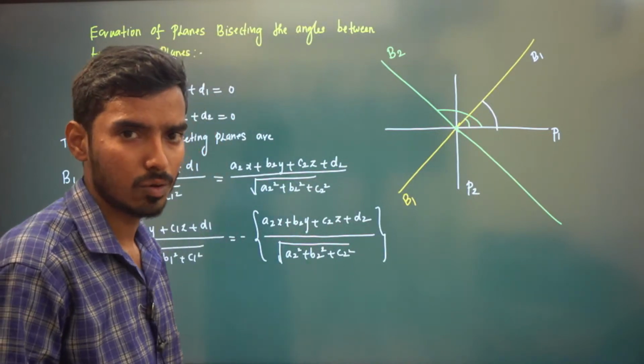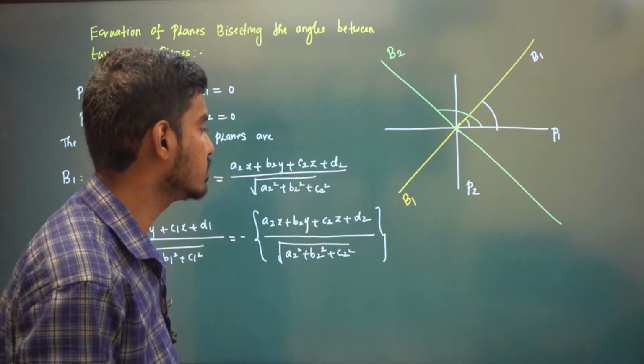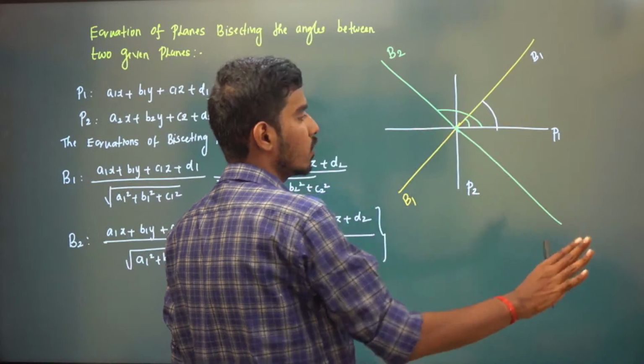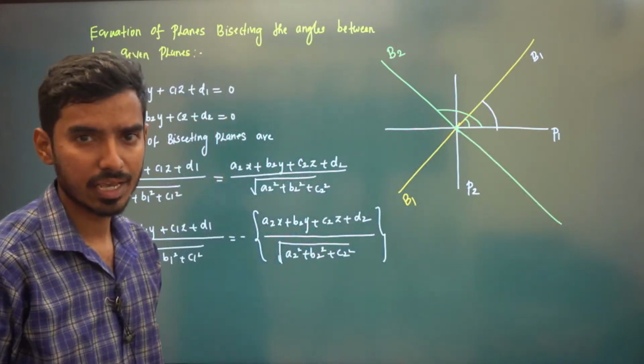Can you visualize this? Which plane bisects the acute angle, which the obtuse angle? That is the second question.